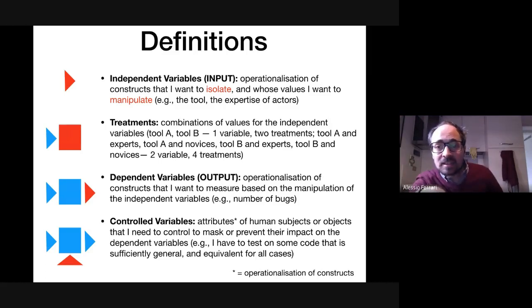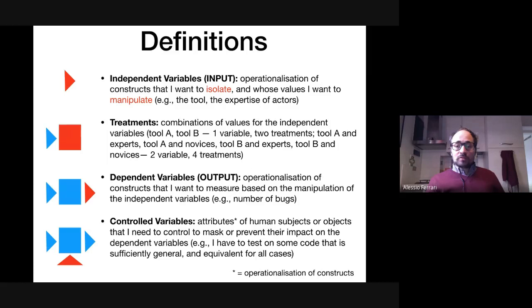Here, you just added one variable, the expertise, but you involve people, you need more effort, and in addition you have four treatments. So you need enough people to carry out this experiment in four different groups: one group of experts using tool A, one group of novices using tool A, one group of experts using tool B, etc.